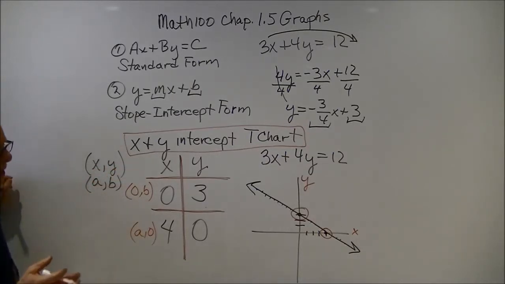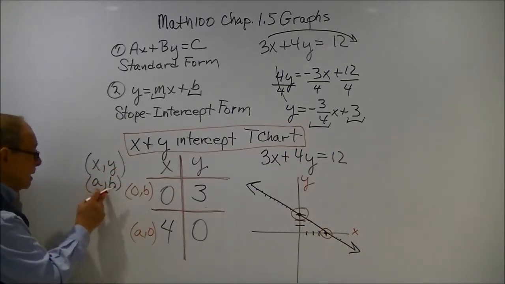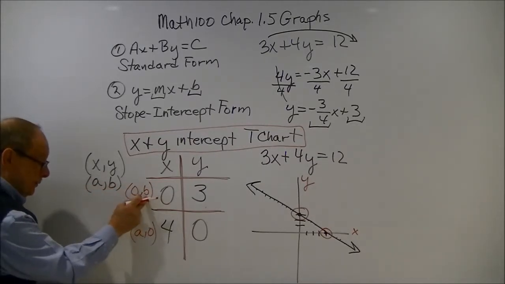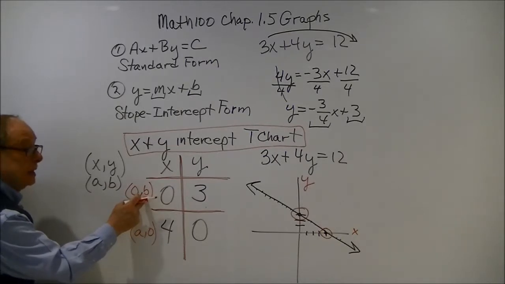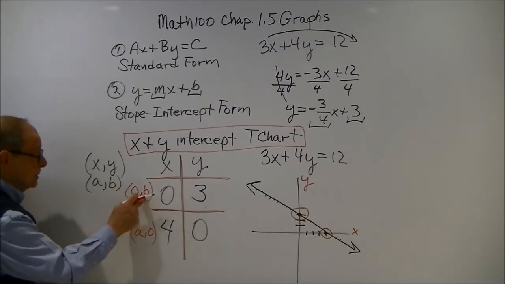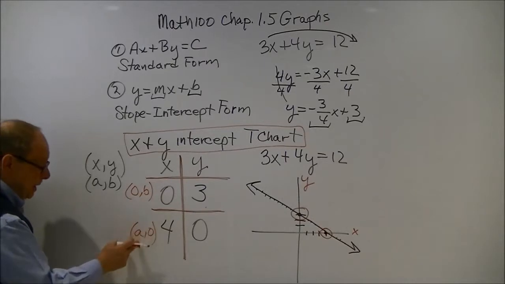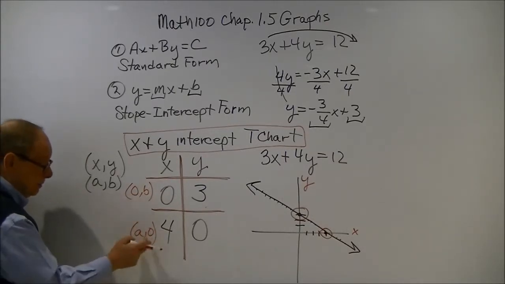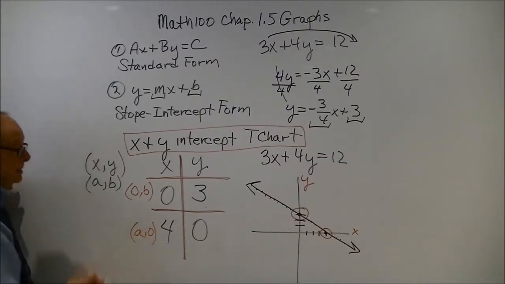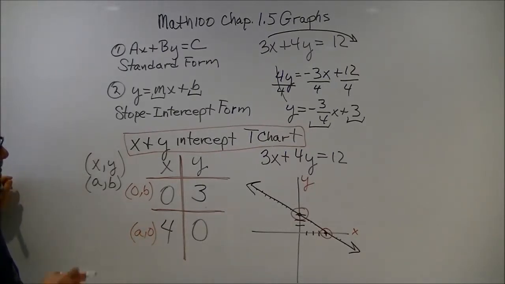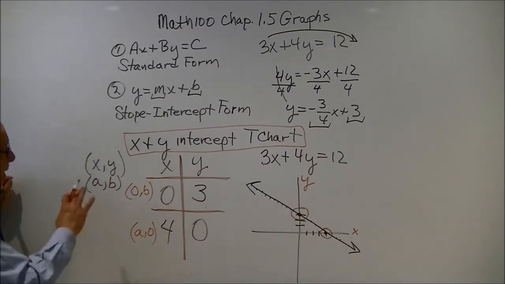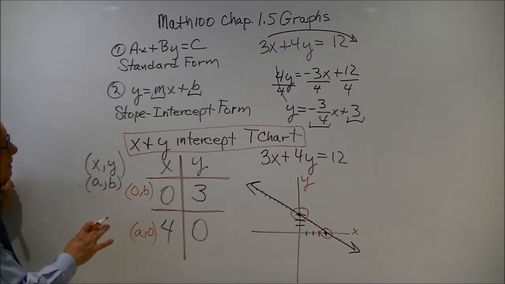But every once in a while you'll see it in the form of (a, b), where the b refers, interestingly, to the, in this case, the y-intercept, and the a, when the other item is 0, is the x-intercept. So some background material going on. And I think that will wind up this particular part.